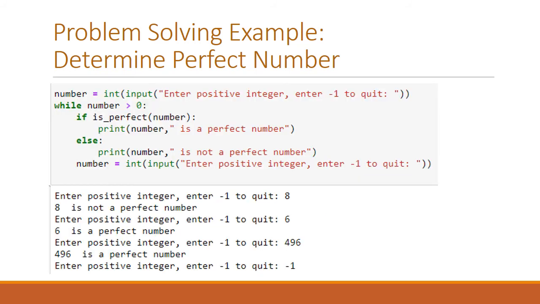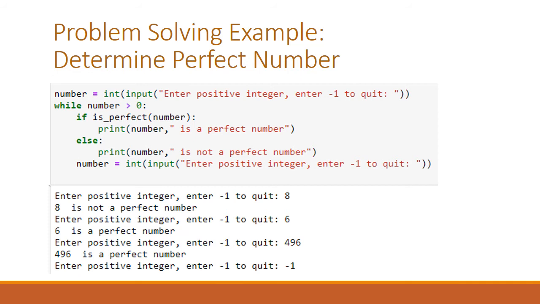In this code example, the first thing we do is ask the user to enter a positive integer, enter -1 to quit. What they enter on the keyboard, we convert to an int and assign to the variable number. While number is greater than 0, we call our isPerfect function, passing in that number.